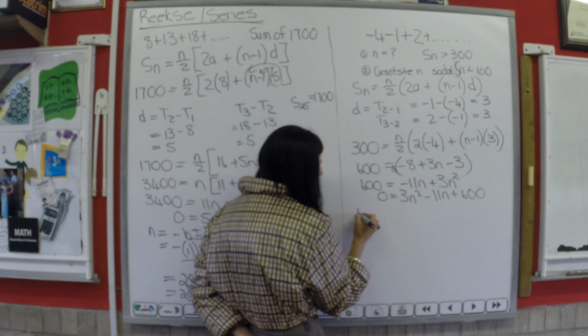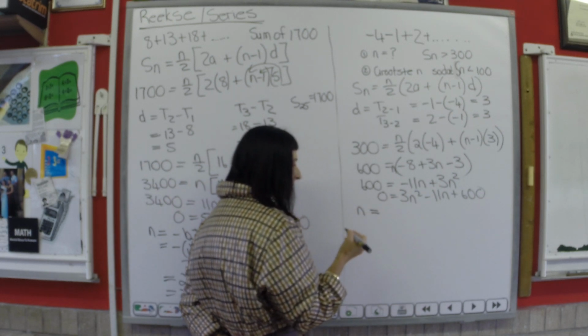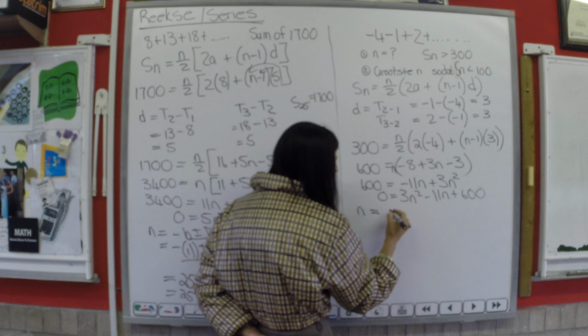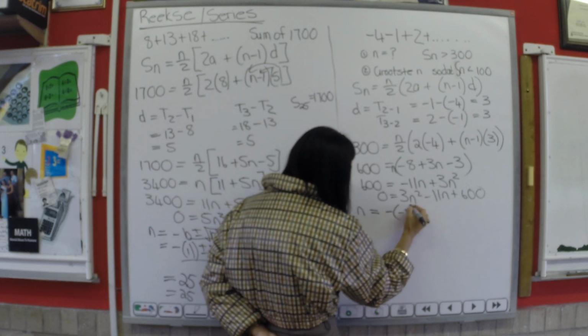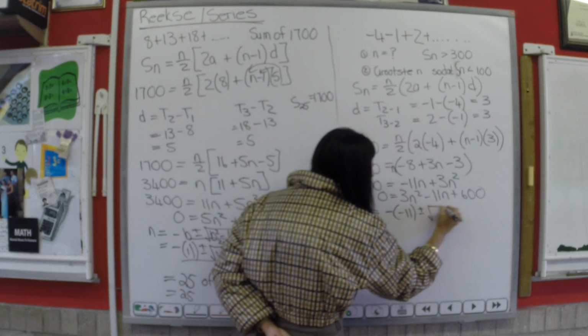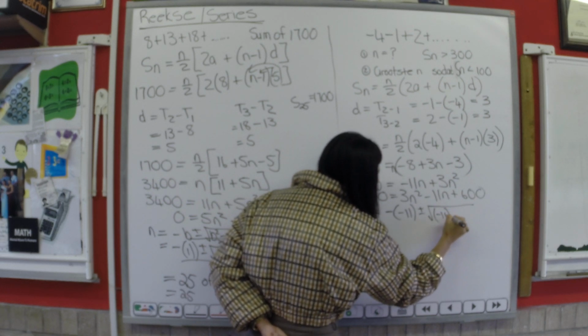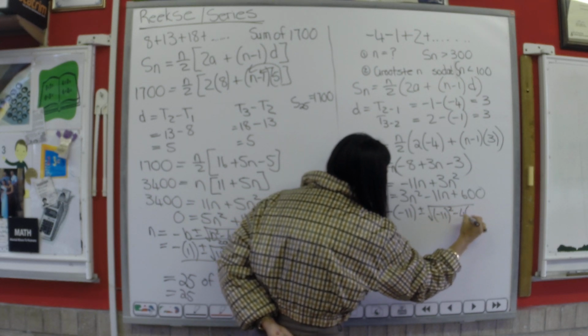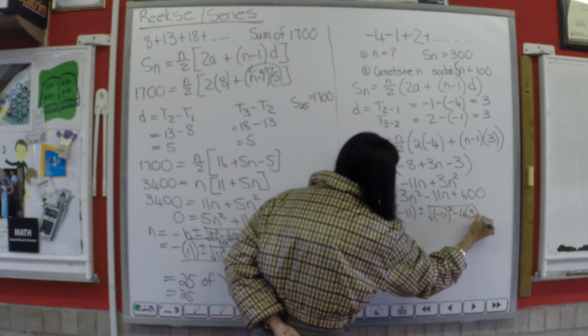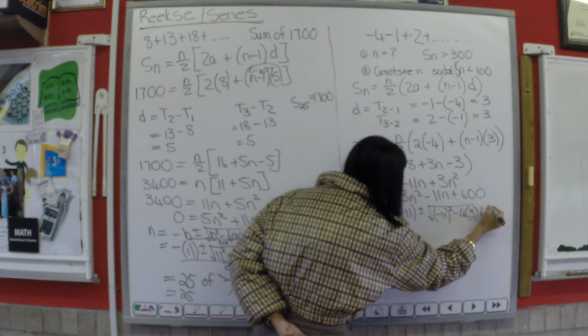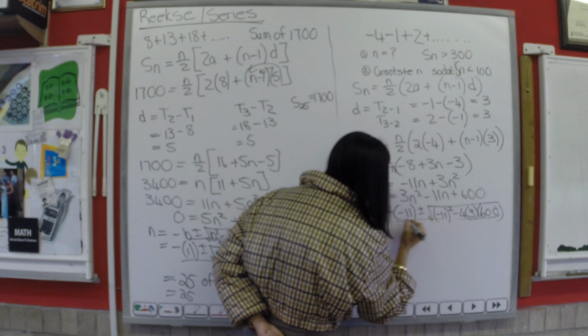En ek gaan sê n is gelyk aan, not x, but n, minus b plus minus the square root of b squared minus 4ac, all on 2a.